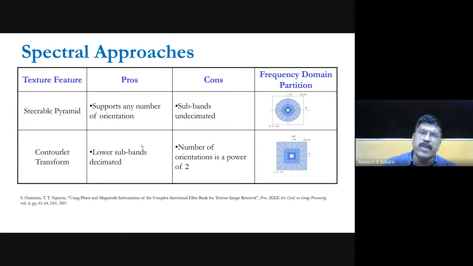On these 12 subbands, I can measure the energy. E1 is the energy of the first subband, E2 the energy of the second subband, E3 the energy of the third subband, up to E12, the energy of the 12th subband. So I have extracted 12 features from 12 subbands.